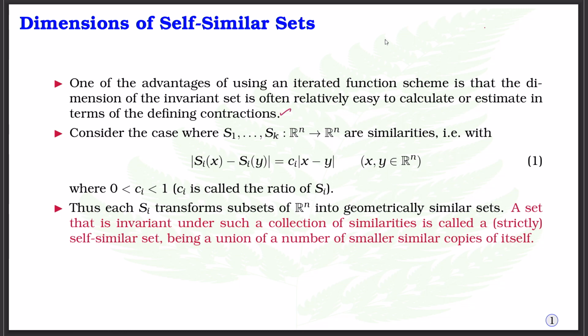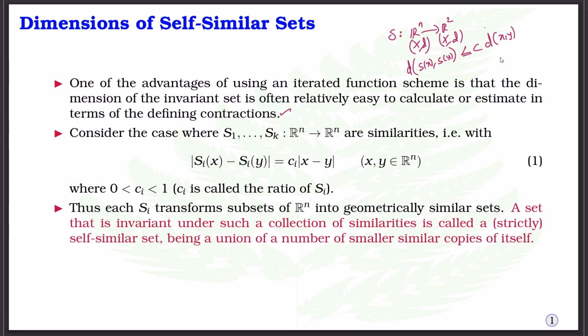In a contraction mapping, if you are taking the map S from R^n to R^n, or in general any space X to X, with a metric space with distance d, then if you want to say this is a contraction mapping, the distance between the images of x and y is less than or equal to c times the distance between x and y.